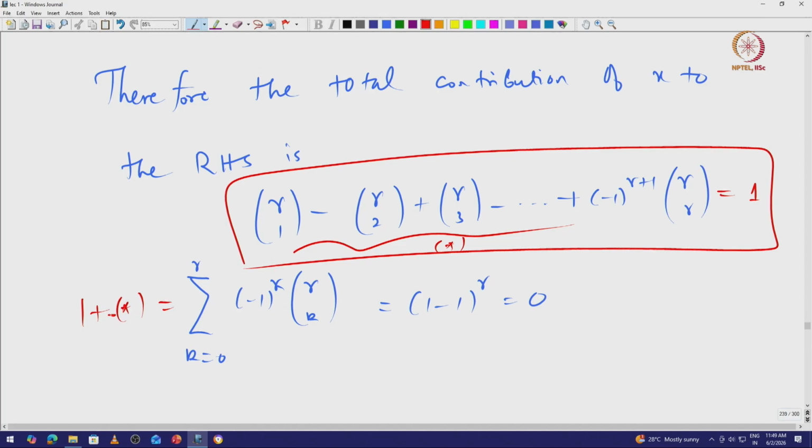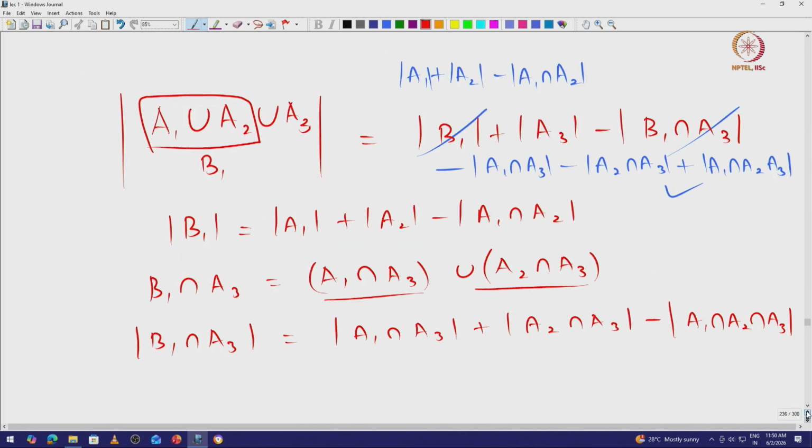So, the star should be equal to 1. Therefore, every element in the union is counted exactly once, and every element outside the union is counted exactly 0 times.